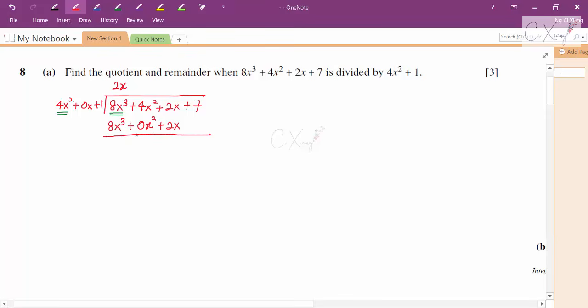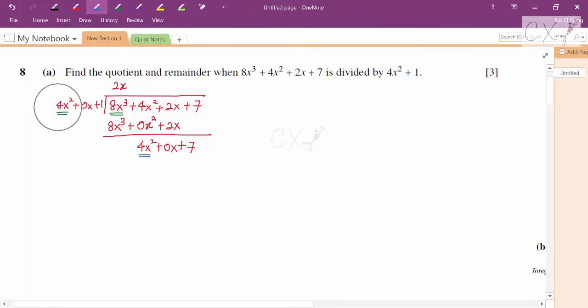Right, so we continue from here. 4x squared minus 0x squared, you get 4x squared. 2x minus 2x becomes 0, and 7 minus 0, you get 7. So if you rewrite again, this one will be 4x squared plus 0x plus 7. Now we can see whether we can continue for the next level of long division. I'm having 4x squared, and I refer to the 4x squared here.